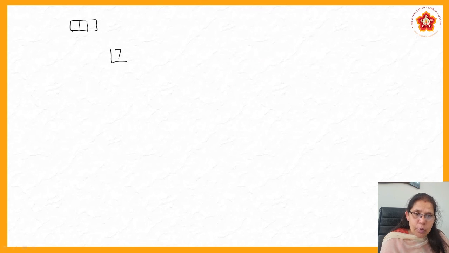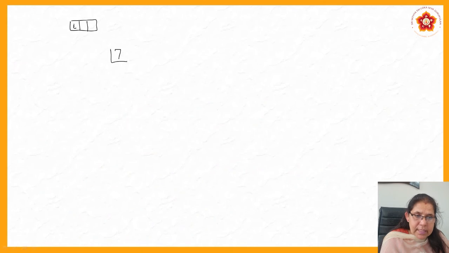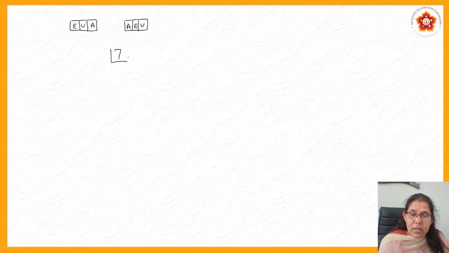Now we kept this unit of vowel as one unit. But there are 3 vowels here, E, U and A. They can be together, but they can change their positions. It could be A, E, U or something else.